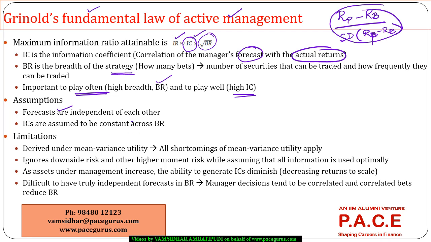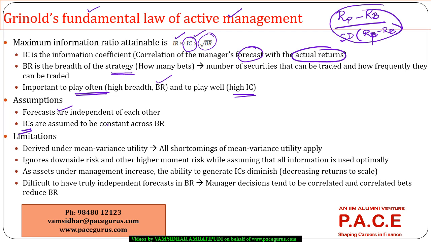Here a big assumption is being made in the process: whatever forecasts the manager is making, there is no relationship between the forecasts, they are independent of each other. And the information coefficient of that particular manager, the correlation of his forecasts with the actuals, we are assuming that across time this accuracy is constant. But in the real world it has to be challenged, because in good times the forecasting accuracy could be much higher, but when the economy is not doing so well, the forecasting accuracy could be at stake.